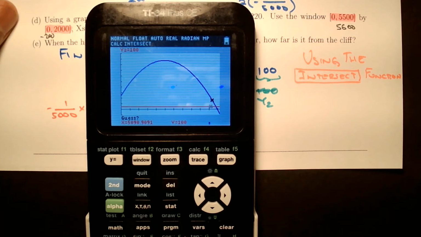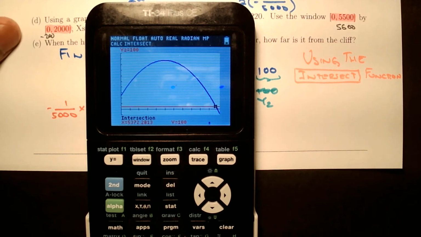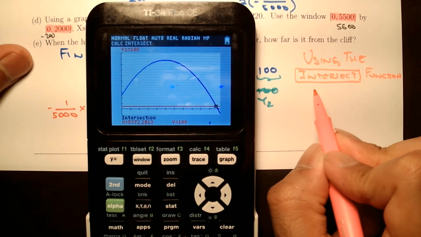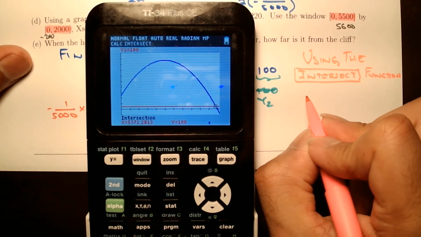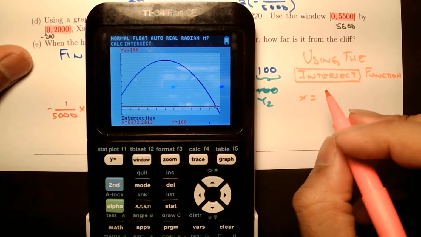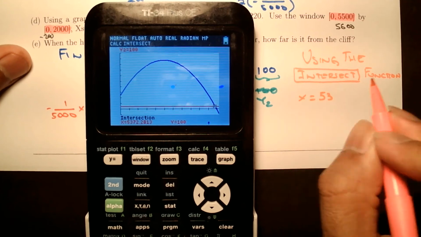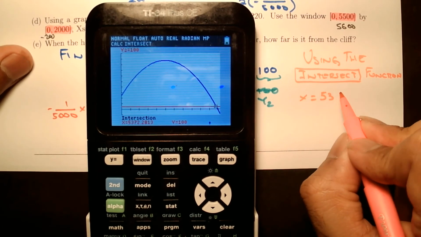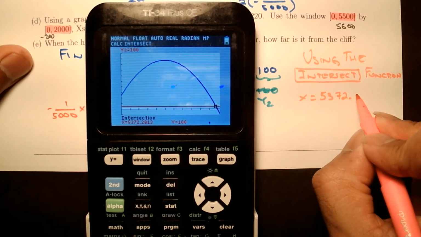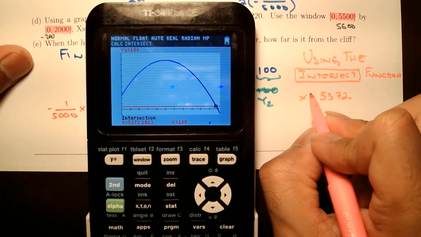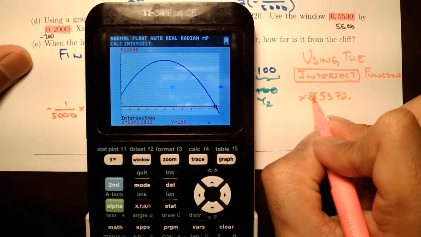Click enter another time, and that's going to give us the intersection point. In this case, we obtain x equals 5,372.28. Well, actually, let's just round it to the nearest integer.